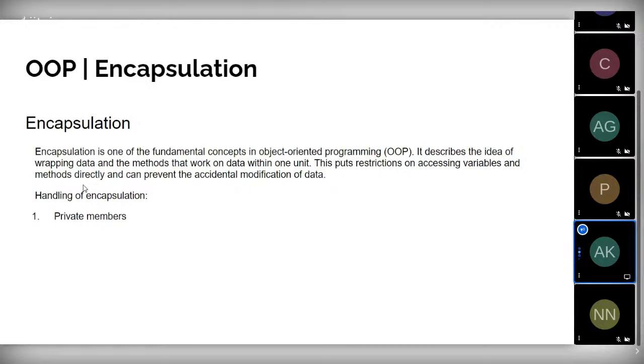To hide the properties we have three modifiers: first is private member, second is protected member, and third is public member. I will explain this one by one: what is private, what is protected, and what is public.